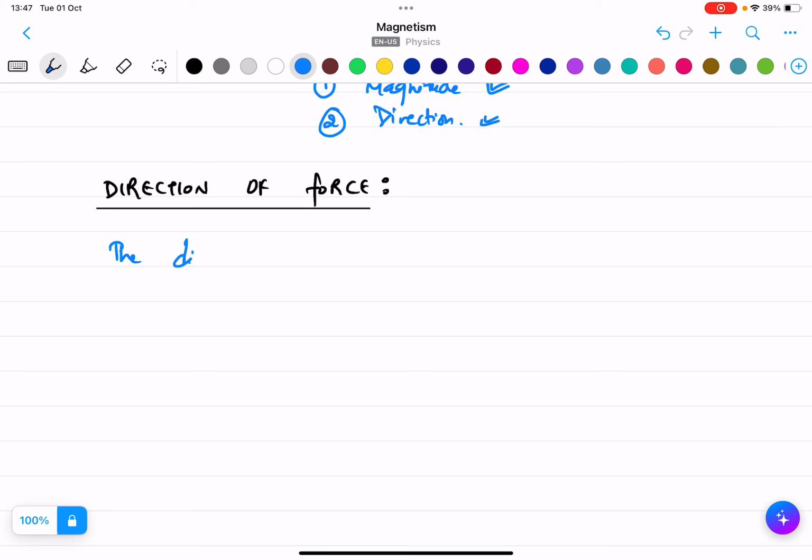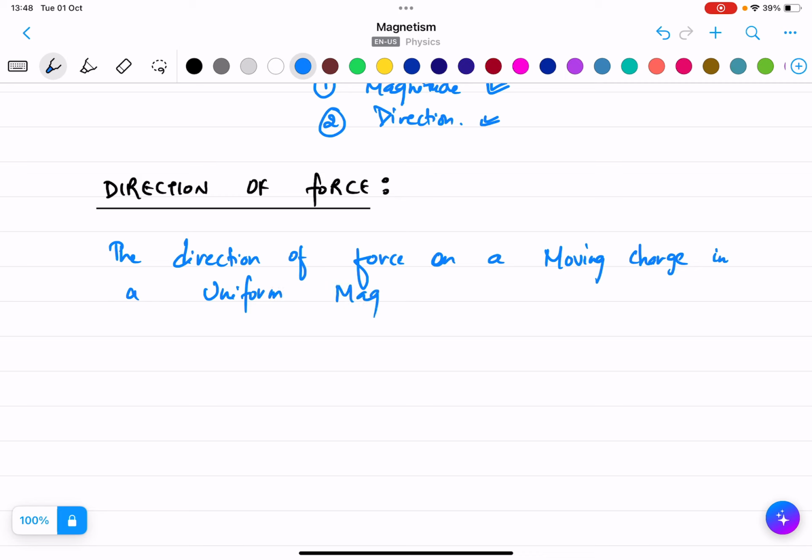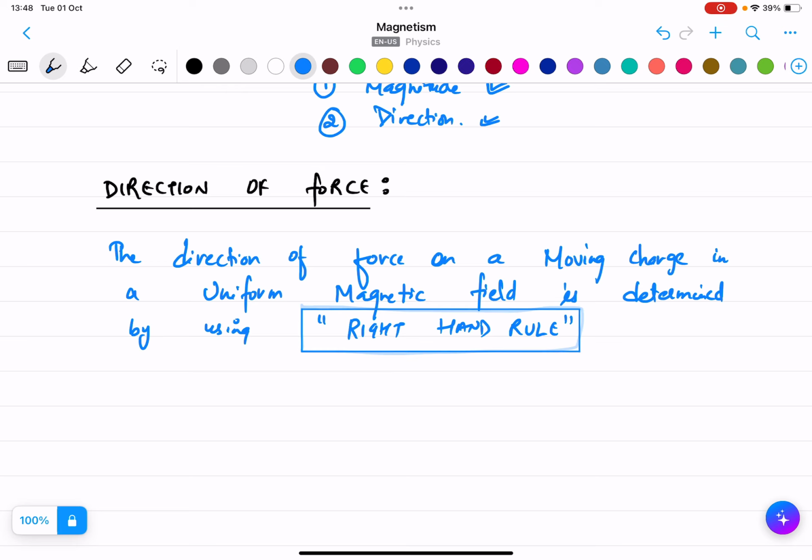The direction of force on a moving charge in a uniform magnetic field is determined by using the right hand rule. It is very important to determine the direction of force, so we will use the right hand rule.